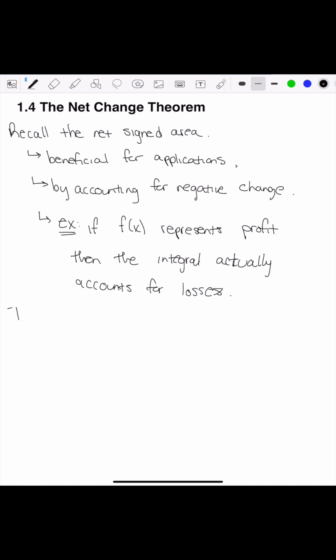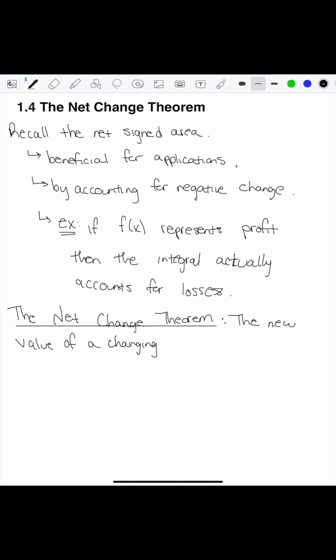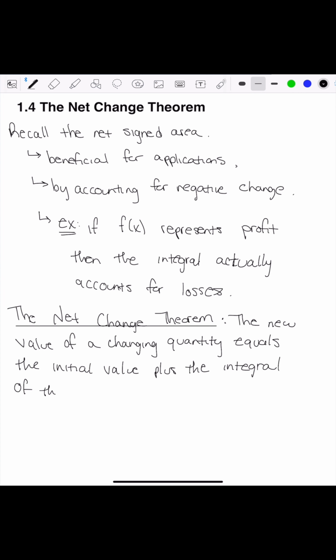The net change theorem says the new value of a changing quantity equals the initial value plus the integral of the rate of change.